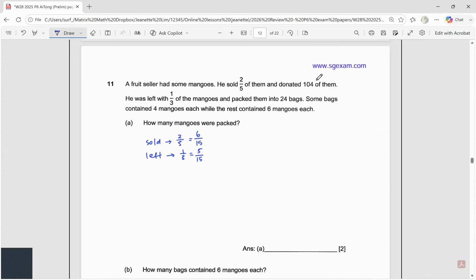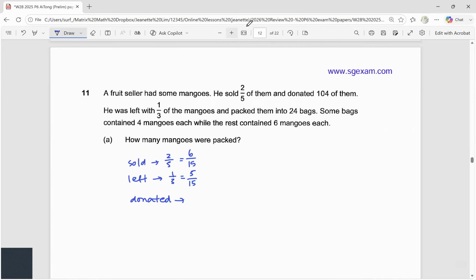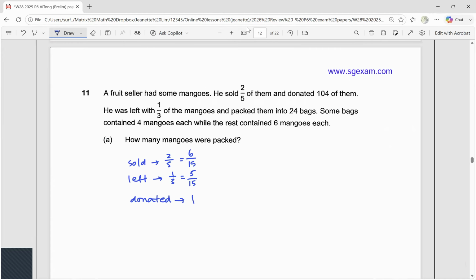How many units are donated? So donated will be 1 whole minus 6 over 15 minus 5 over 15, which is 4 over 15. So 4/15 of the total is 104.